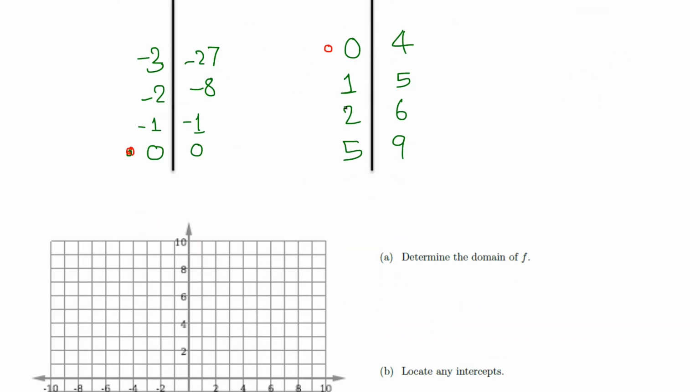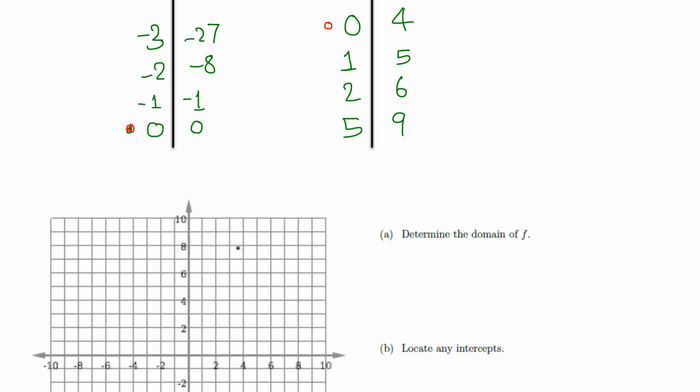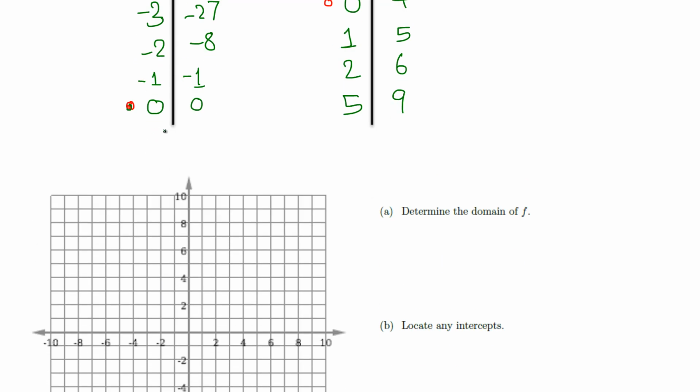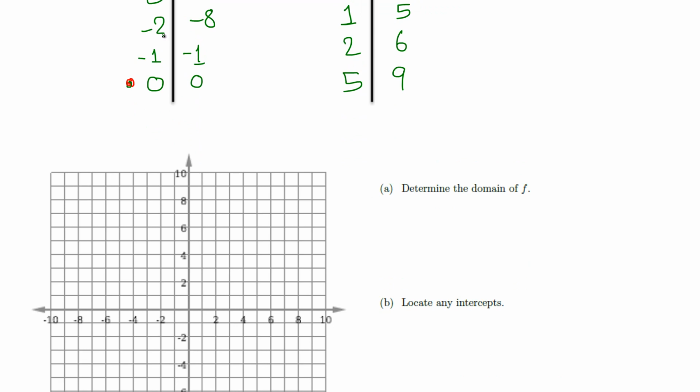So let's look at these points here. For the first piece, negative 3, negative 27, we don't have a grid that long, so let's ignore this part. Negative 2, negative 8 is here. Okay, negative 1, negative 1 is here. And 0, 0, that's just the circle. That's not on the graph, but we can take reference of that.